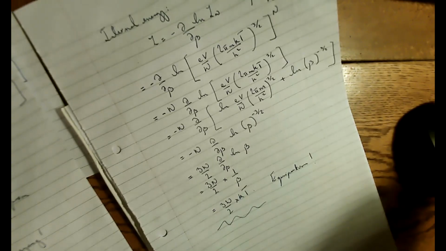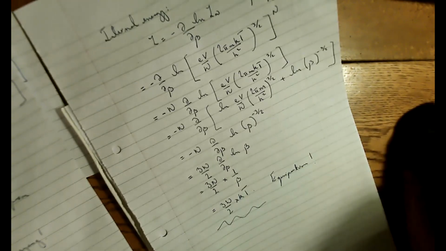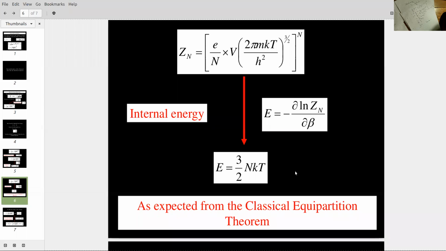So that's really, really fantastic. We've managed to derive that the energy of our system is 3/2 NkT, exactly as we'd expect from the classical equipartition theorem.